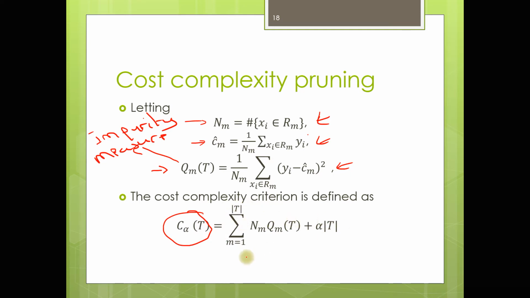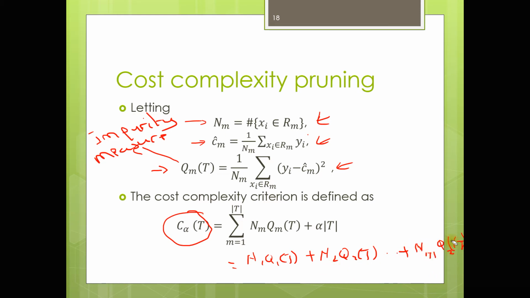So you have N1 Q1T plus N2 Q2T, up to the total number of nodes that you have, N modulus T times Q modulus T. It continues like this.